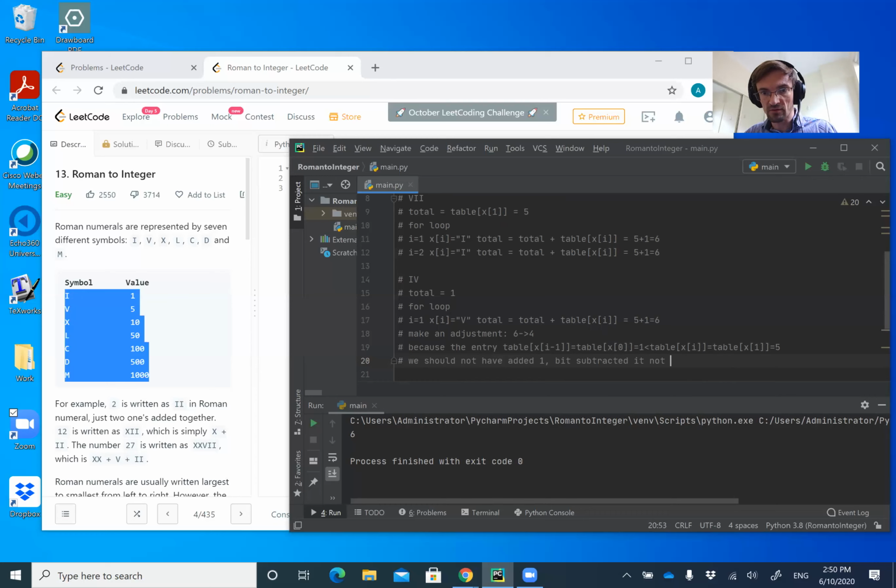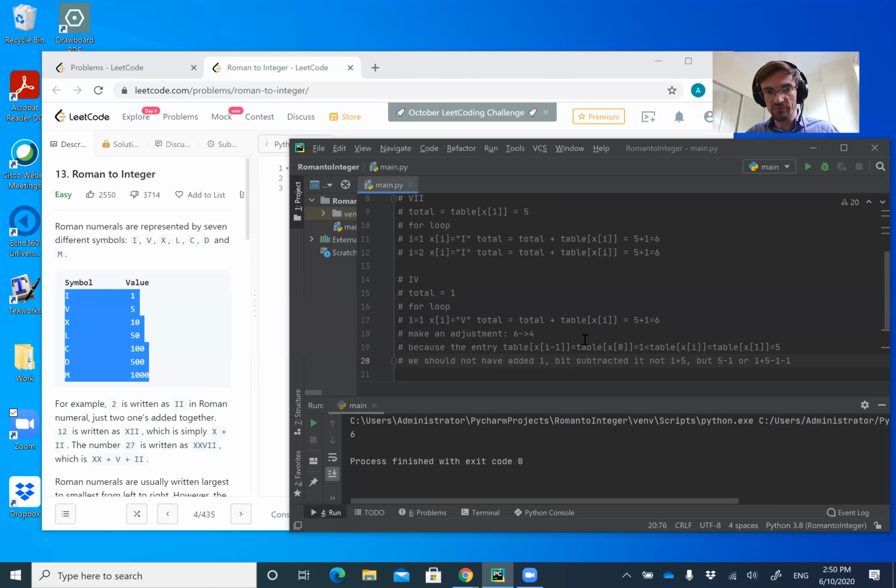So not 1 plus 5, but 5 minus 1. Or that could also be 1 plus 5 minus 1 minus 1, right?